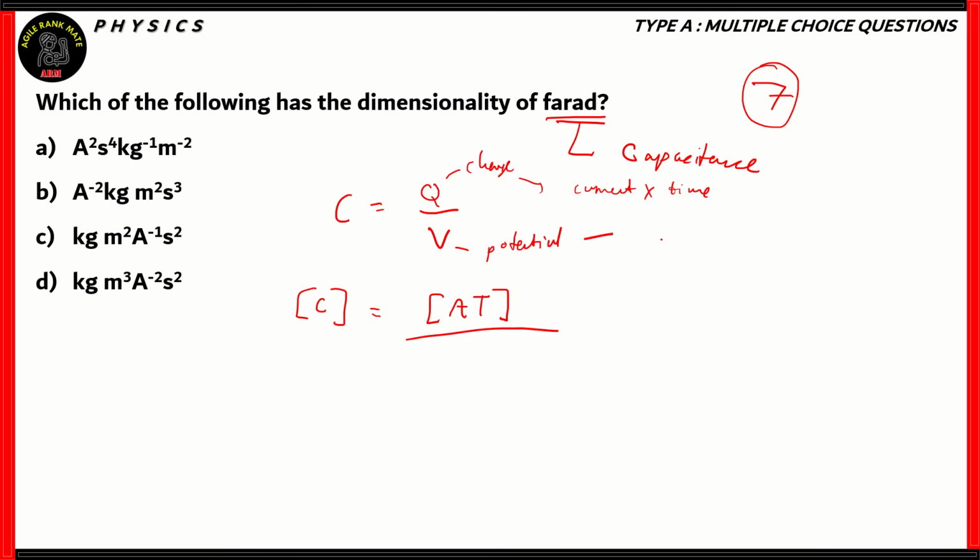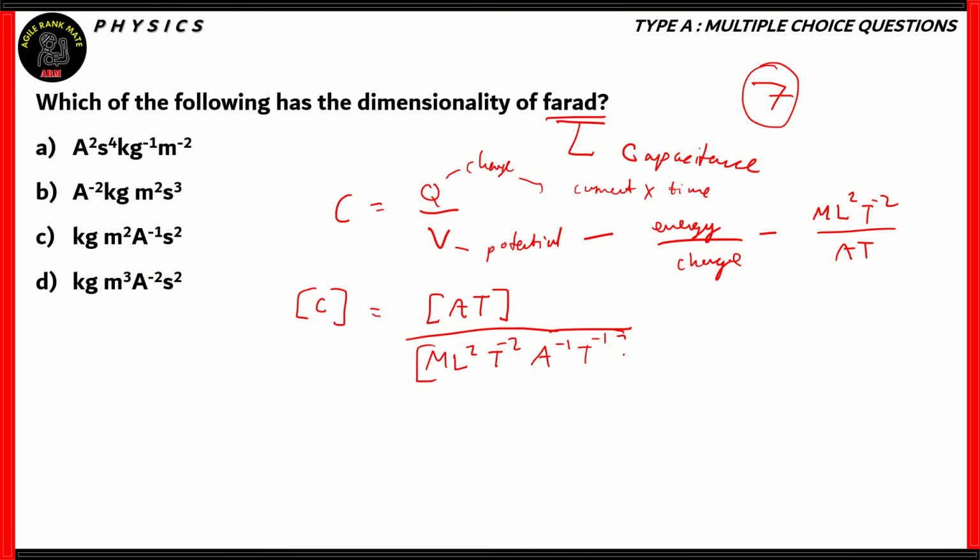Now, potential is described as energy over charge. So basically that means you'll have the dimensions of energy, M L squared T to the power minus 2, over the dimensions of charge, which is A T. So what we're getting is M L squared T to the power minus 2 A to the power minus 1, T to the power minus 1 in the denominator.